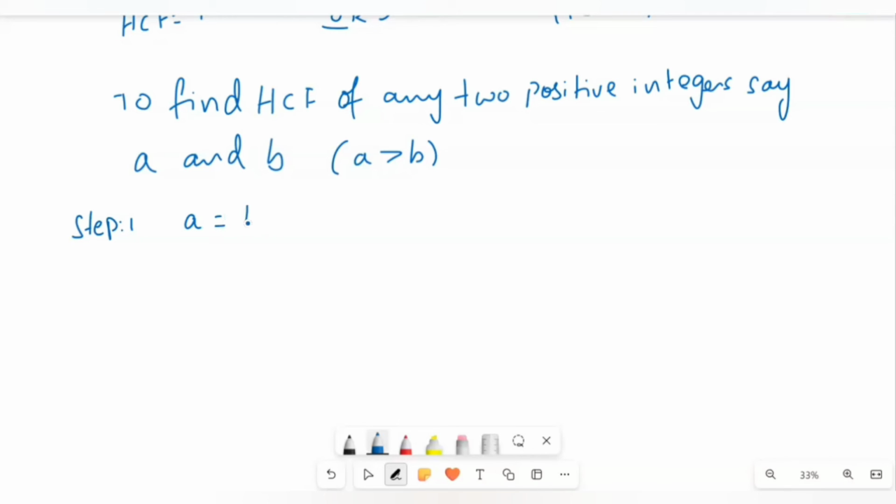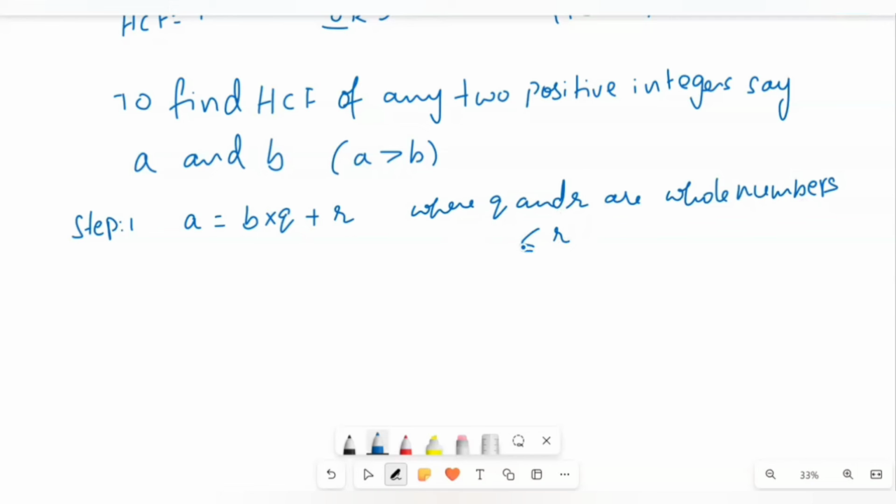A is equal to B, the divisor, times quotient plus remainder, where Q and R are whole numbers and R lies between 0 and B, right? Now, in this case, if you get 0 remainder, B would be the HCF.